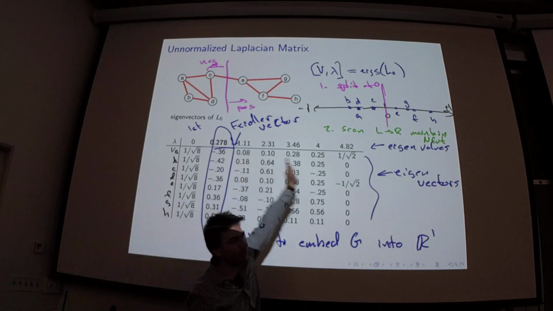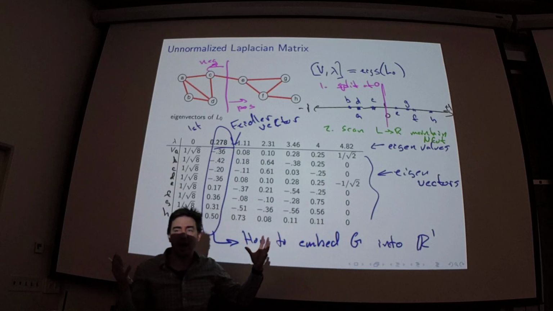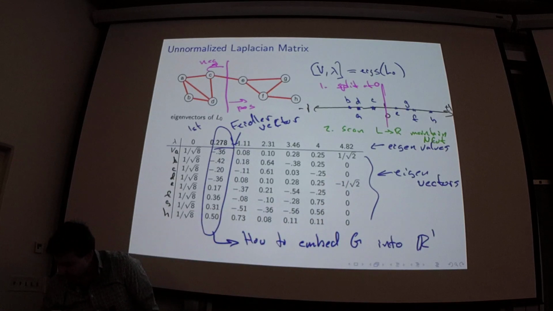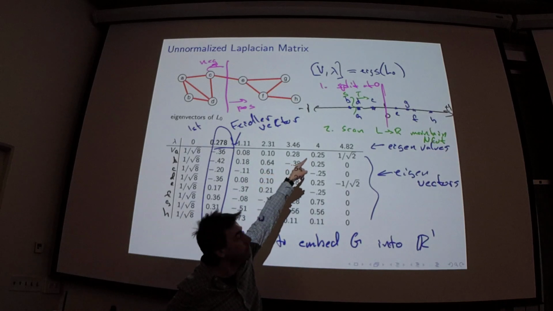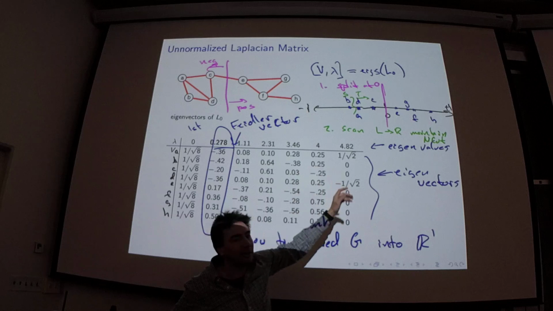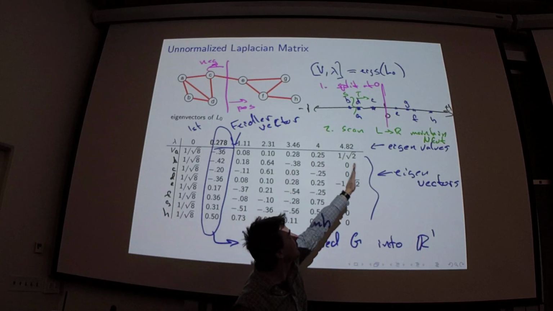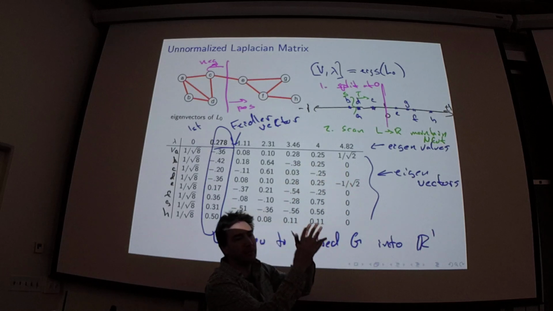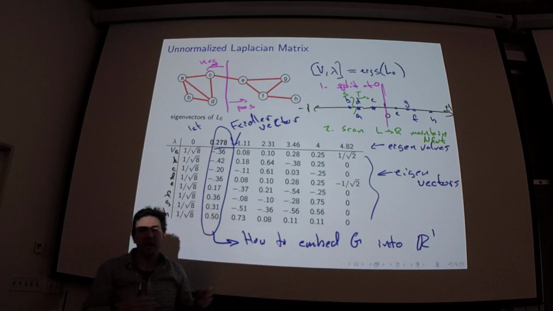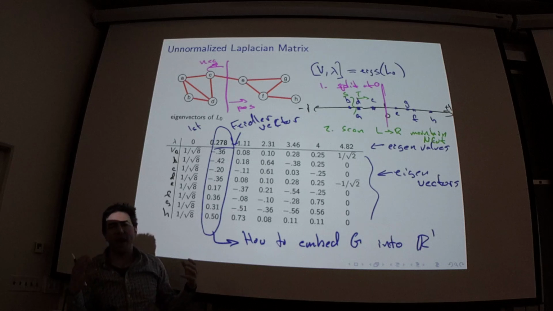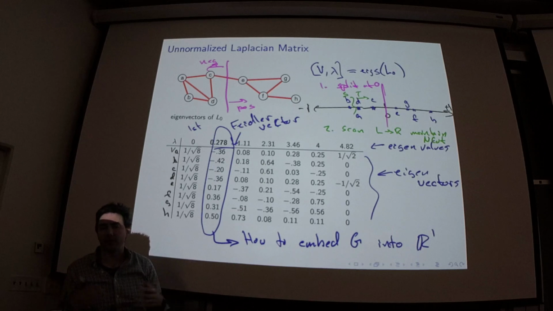If I scan from left to right, first I have the split where S only contains B and T contains everything else. I can compute the normalized cut, and as I scan from left to right I keep increasing S and decreasing T, and this is as fast as just reading off the edges on the graph. I can easily maintain the normalized cut and find the one that minimizes that value.